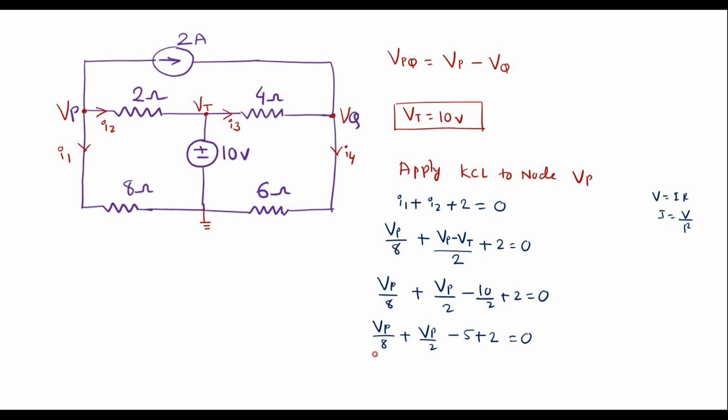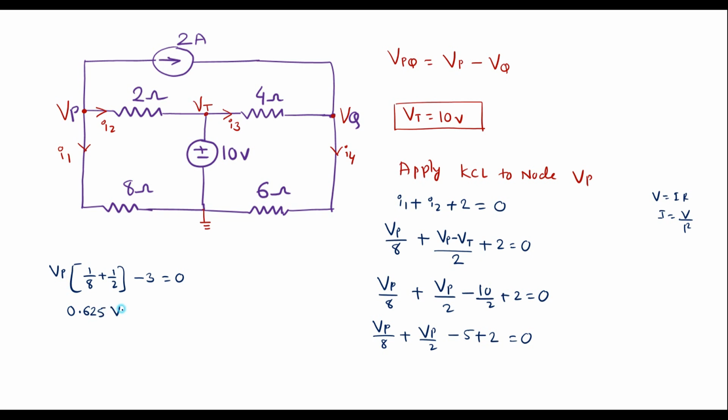I can write it as Vp in bracket 1 by 8 plus 1 by 2 is equal to, here we have minus 5 plus 2 is minus 3, so minus 3 is equal to 0. 1 by 8 plus 1 by 2 gives 0.625.